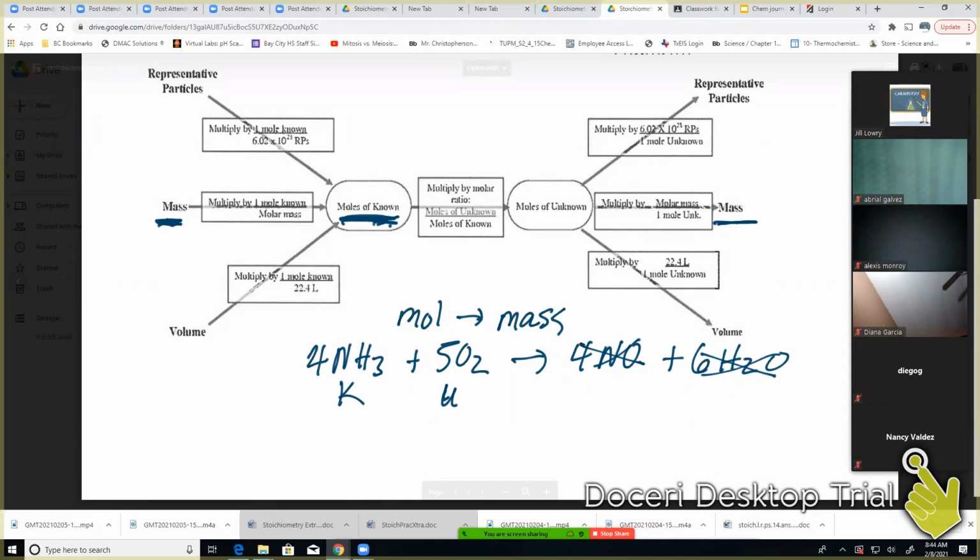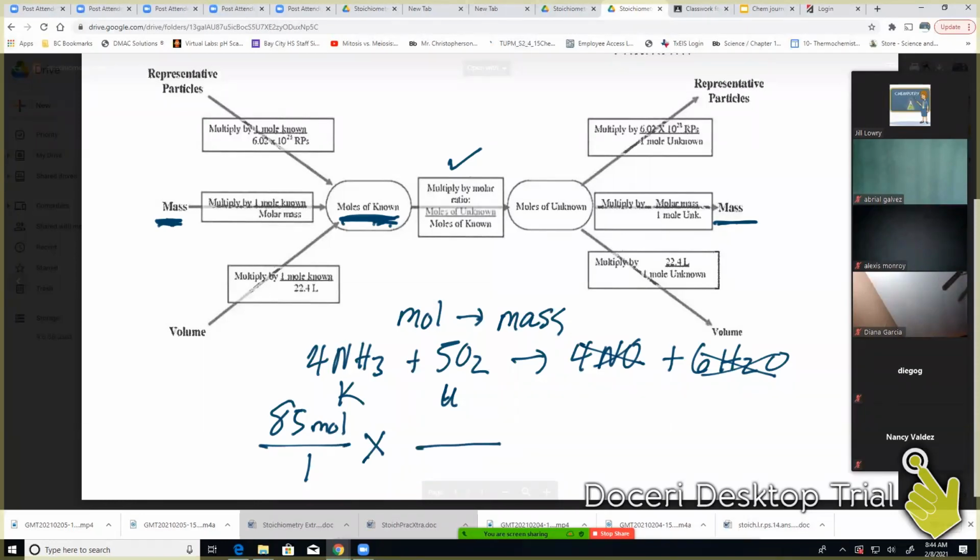And it says that we have 85 moles. So I'm going to put 85 moles over 1 to get started. My first conversion factor is in the box that says multiply by the mole ratio, which is just the coefficients.